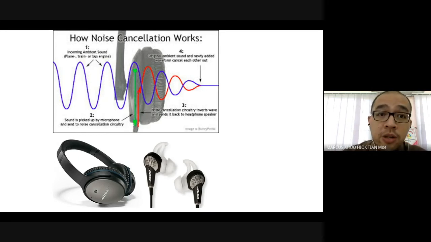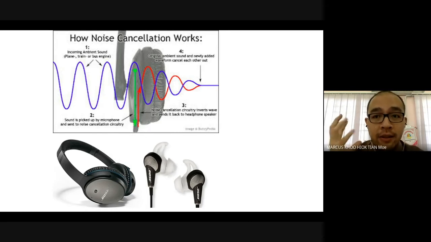This is a pretty good technology if you want to listen to your music in peace. So that's how noise cancellation works. The headphone itself produces a wave that cancels the outside noise and makes sure that you are only hearing the thing that you want to hear, which is the music.